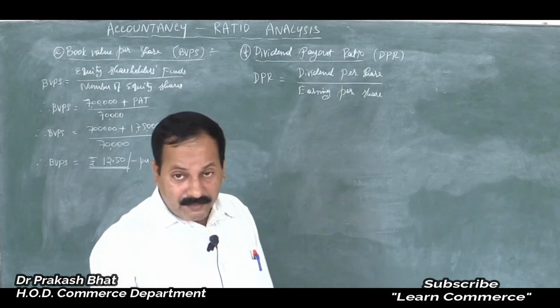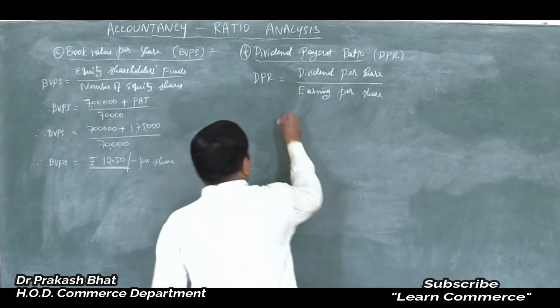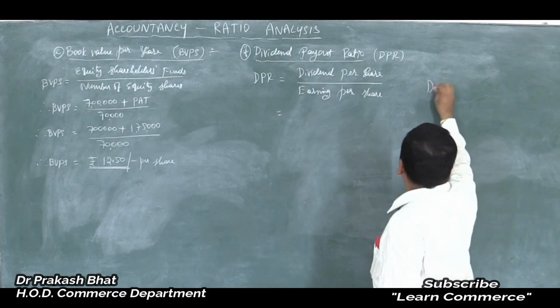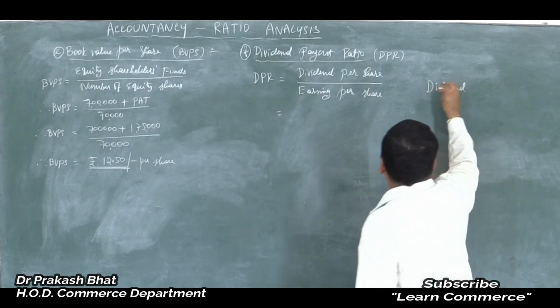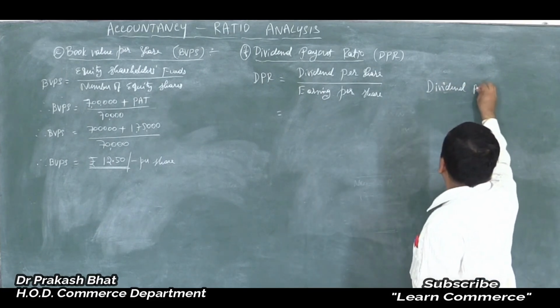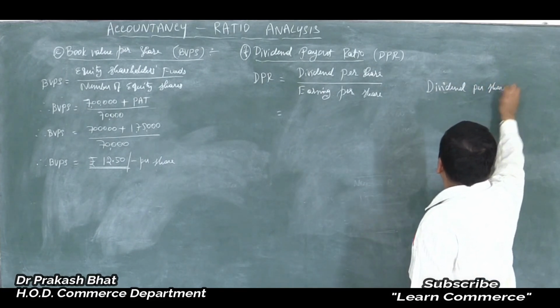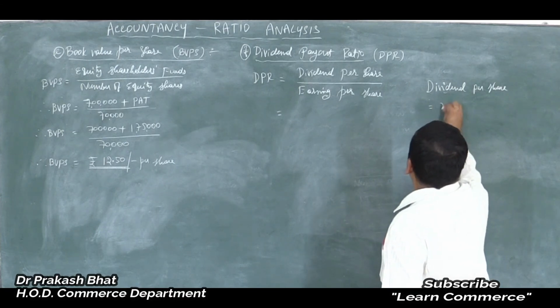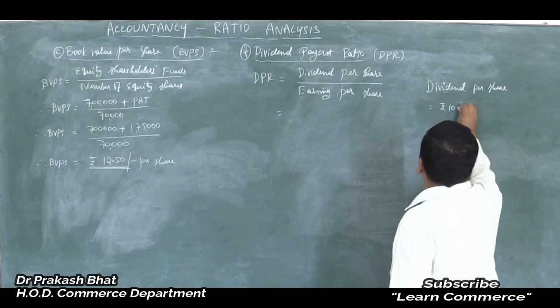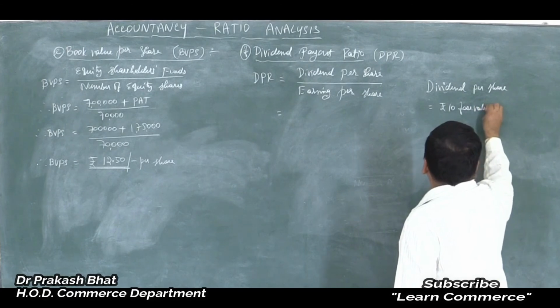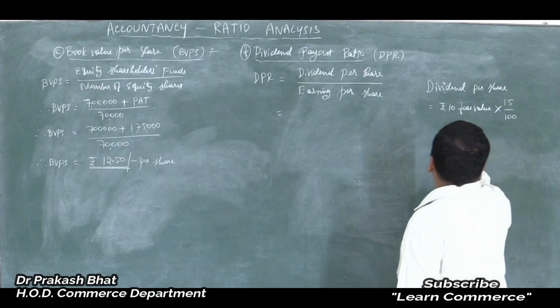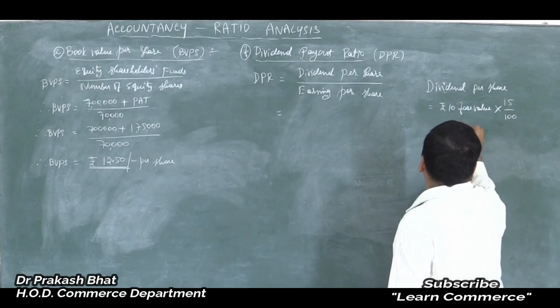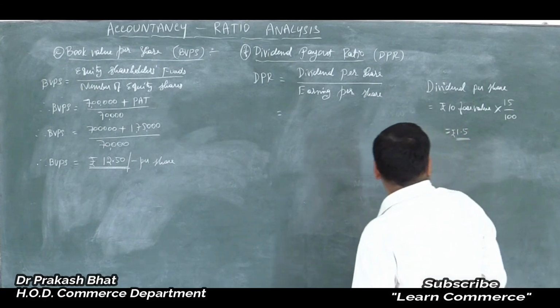That is the dividend per share. Dividend per share, let us calculate here. You will get confused otherwise. Dividend per share is equal to rupees 10 face value into 15%, which is equal to how much? 1 rupee 50 paise, rupees 1.5.